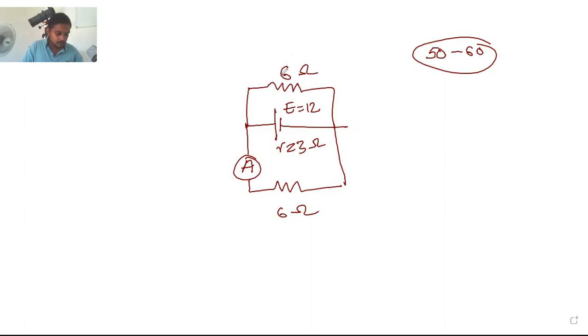When the switch is closed, the reading on A. Normally, it's a very easy question. They're asking the reading on A. So this and this, we can make 3, 3 and 3, 6. The answer.